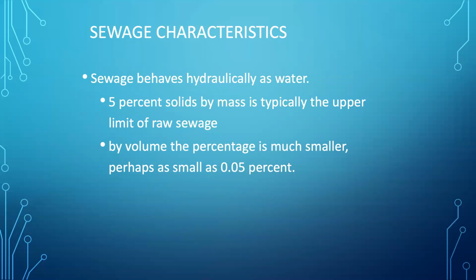So it's basically 95% liquid and 5% a combination of floaters, sinkers, and then the dreaded lurker. If we go by volume, the percentage is much smaller. So the solids fraction by volume can be as small as 0.05%. So hydraulically, it's mostly water. It's non-Newtonian, which has some added bonus features once we concentrate the solids in a treatment plant, but that's not the focus of today's discussion.